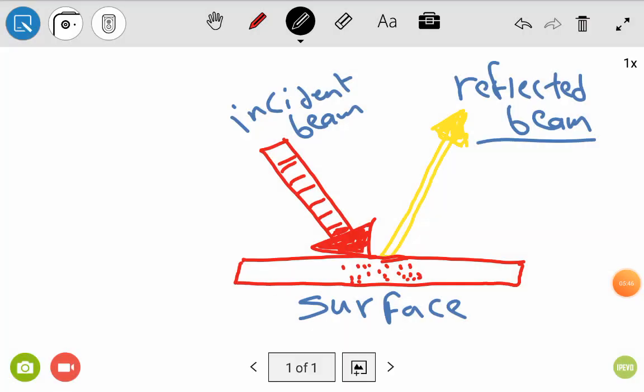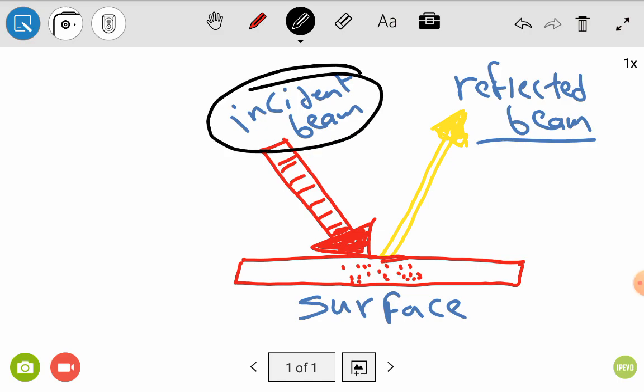Here I have an incident beam with a huge energy. This beam will go toward a surface. Here it is clear to observe that the incident beam is larger, or has more brightness, than the reflected beam.